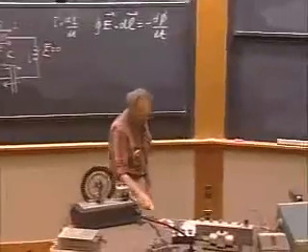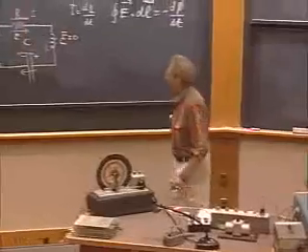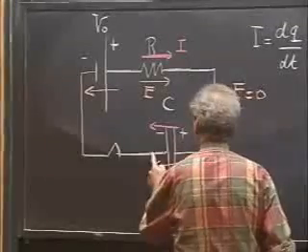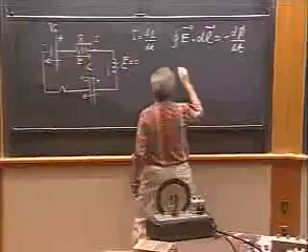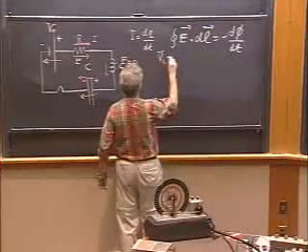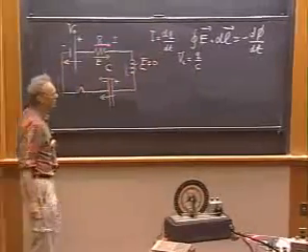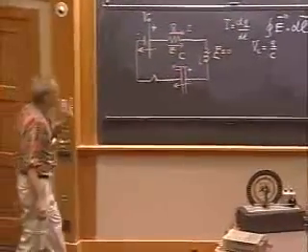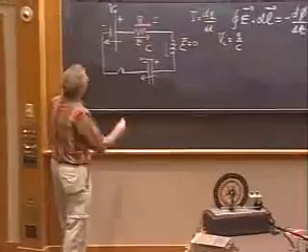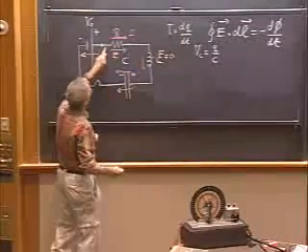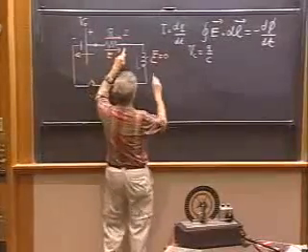So if now I go around clockwise, and I call the integral E dot dl from this side to this side of the capacitor, if I call that V_C, which is Q divided by C. That's the definition of capacitor. If you're ready for this, and I start here, and I go clockwise around. Then from here to here, I get plus IR.